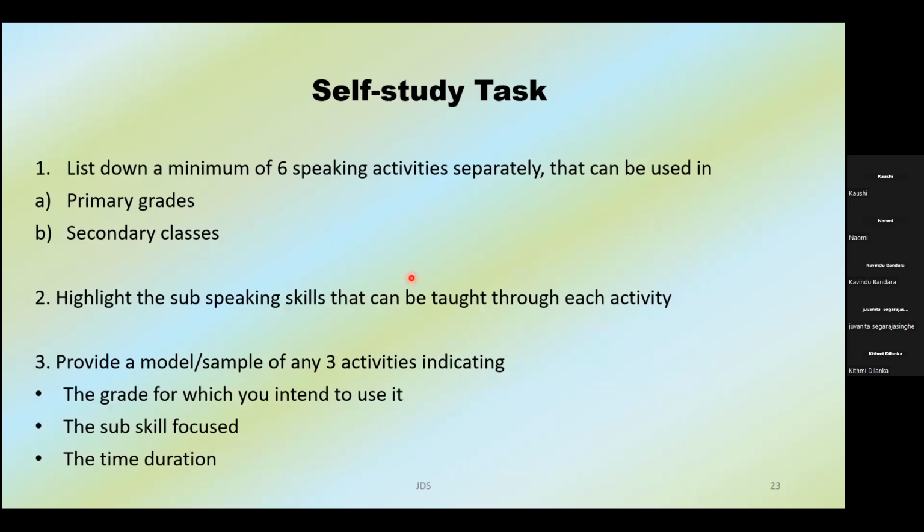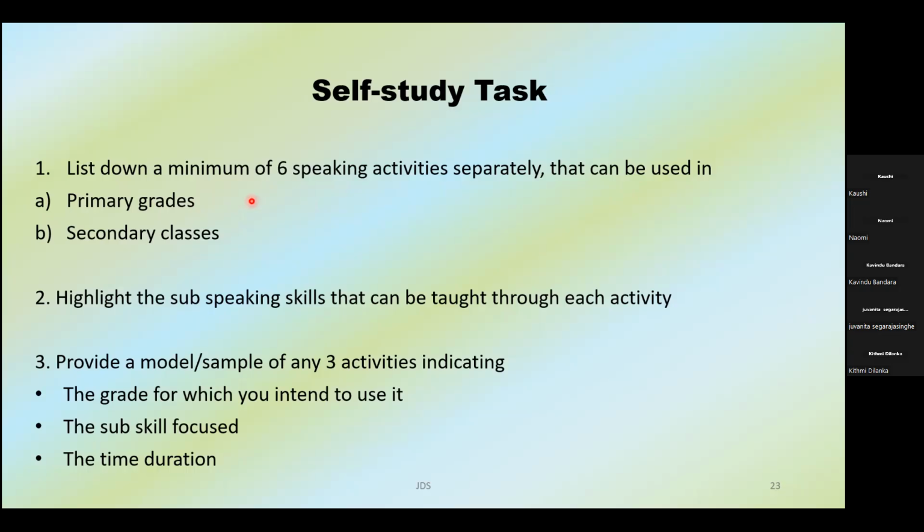Look at the task, go through it. List down a minimum of 6 speaking activities separately that can be used in primary grades. One set for primary and another set for secondary. Now tell me for primary ones, very simple ones.